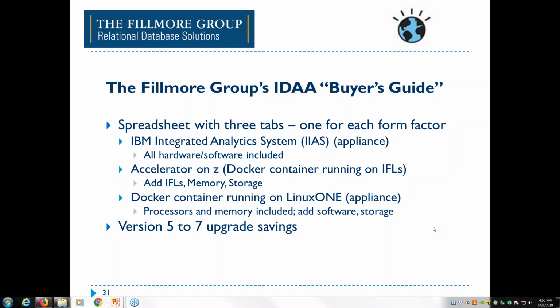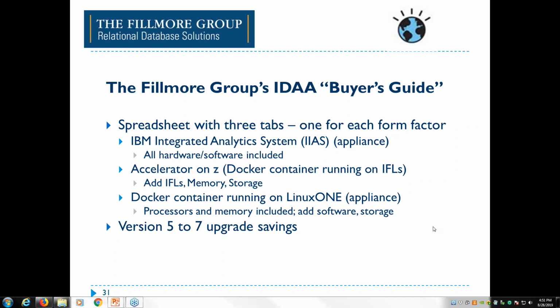So it incorporates, for example, if I buy the IIAS, I'm basically done. I get my software, I get my memory, I get my processing capability, I can expand up to a quad rack, so I'm good to go. If I do the Accelerator on Z and it's running on System Z, I have to buy IFLs. So you have to incorporate the cost of the hardware that you're going to buy and also any additional System Z memory, also any additional System Z storage.